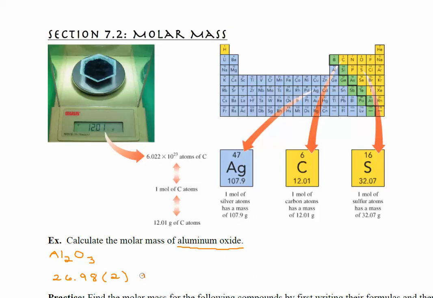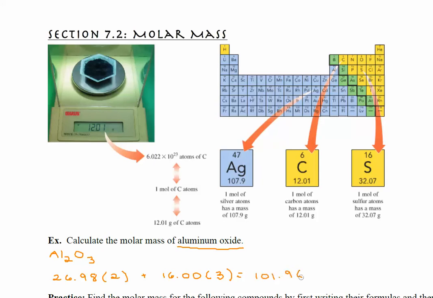And then I'm going to add the average atomic mass of oxygen, which is 16.00. And there are 3 oxygens, so I'm going to multiply this by 3. Okay? And so if you do this math, I'm going to take it and put it in my calculator. 26.98 times 2 plus 16.00 times 3, I get 101.96.